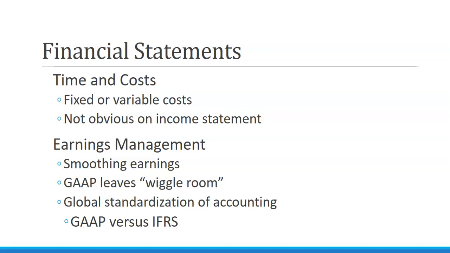We also have the global standardization of accounting, or GAAP versus IFRS. GAAP are the US generally accepted accounting principles, and IFRS are the international financial reporting standards. There are areas in which GAAP and IFRS agree on the treatment of accounting things, and then there are several areas where they don't agree.